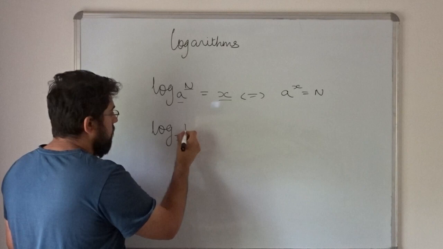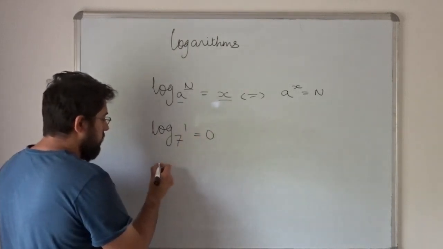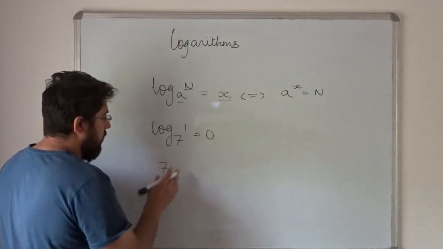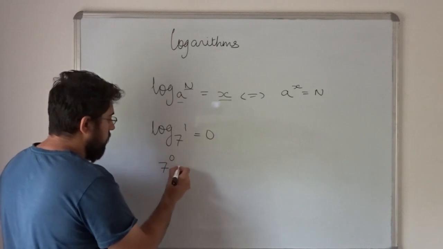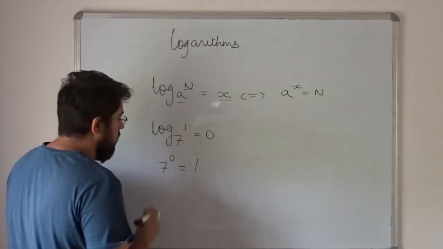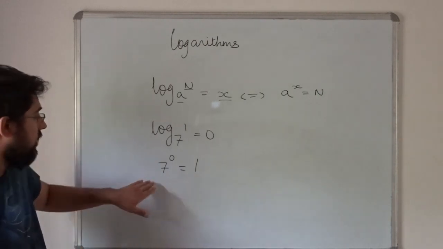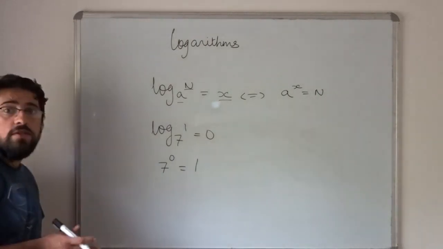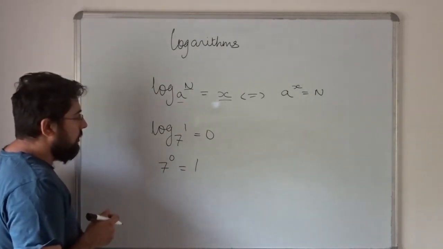So, say you have log base 7 to the power 1 equals 0. So basically, what is this? 7 is the base, 0 is the exponent, and 1 is the natural number. Do you see any problem here? In this particular problem, what do you see?